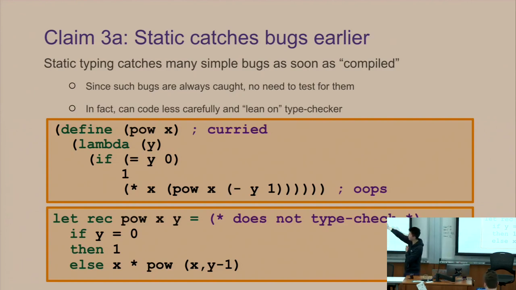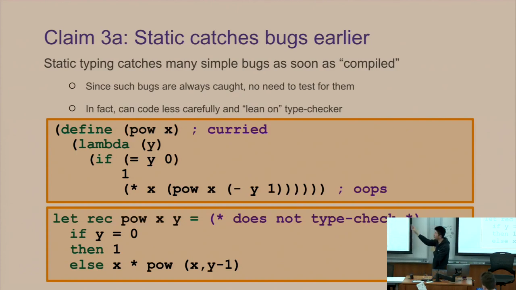It might be hard to tell the bug here if we just read it. What's actually going on is that for this power x, there needs to be parentheses around power x, because power x itself is a function. If it calls power x with another argument, this violates the structure of power, because power only takes one single argument. So it's very hard to catch bugs in the Racket world.